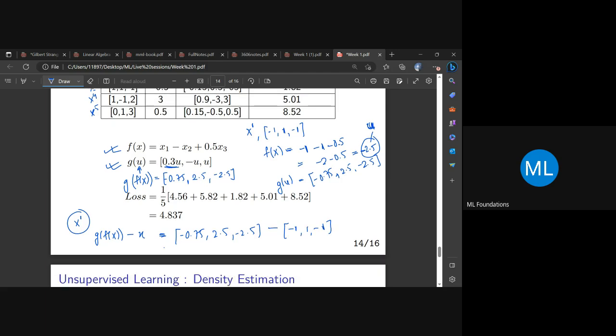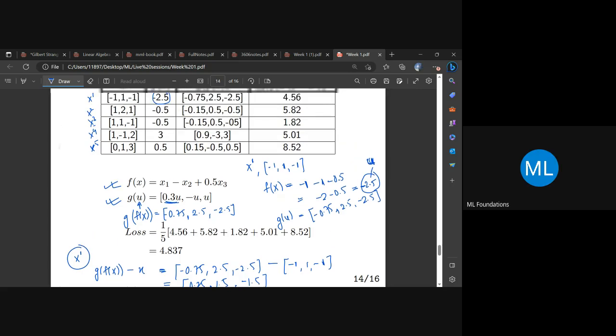So once you subtract this, what will you get? 0.25, minus 1.75, 1.5, and minus 1. So we got this.